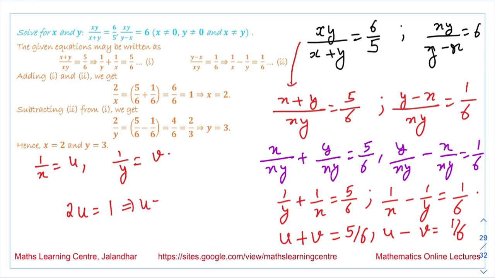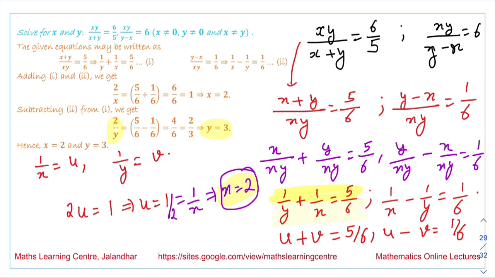It means u is equal to 1 by 2. The value of u we get is 1 by 2, and that is equal to 1 by x, so the value of x we get is 2. When we subtract these values, we will get the value of y, and that value we will obtain as 3, and you can solve it on your own.